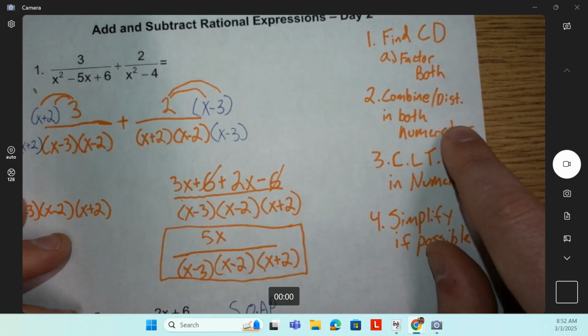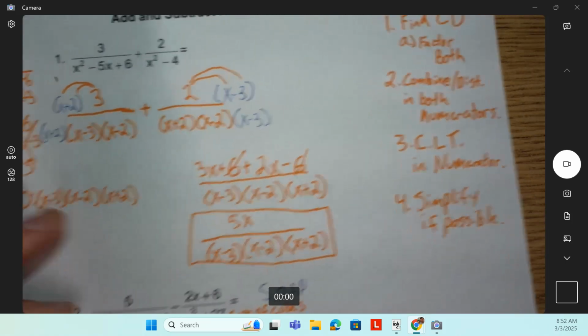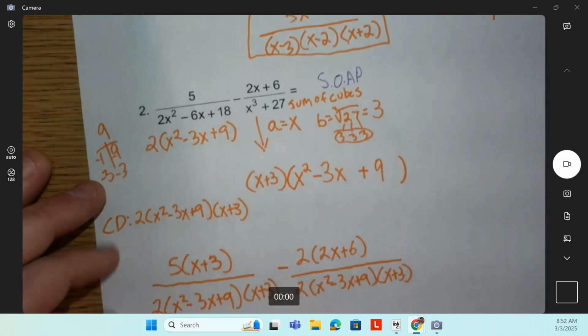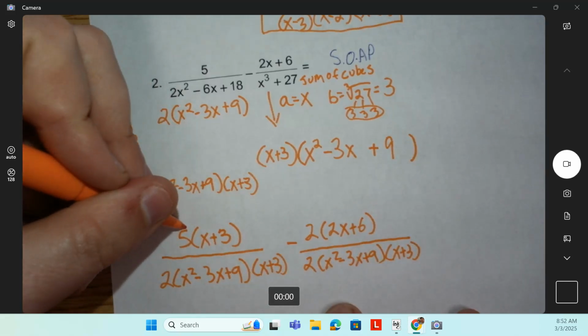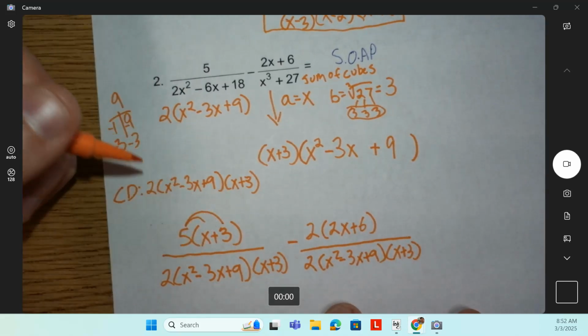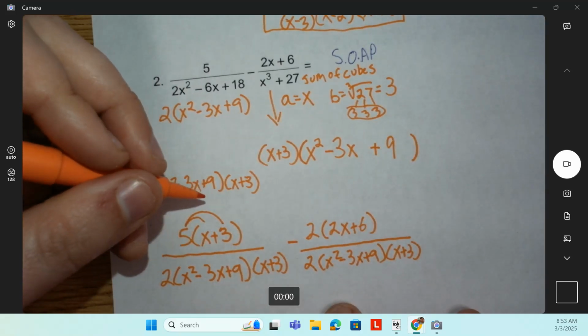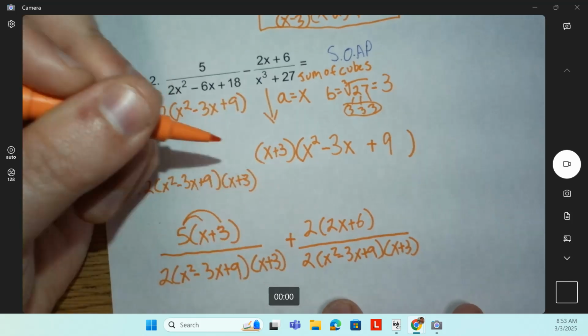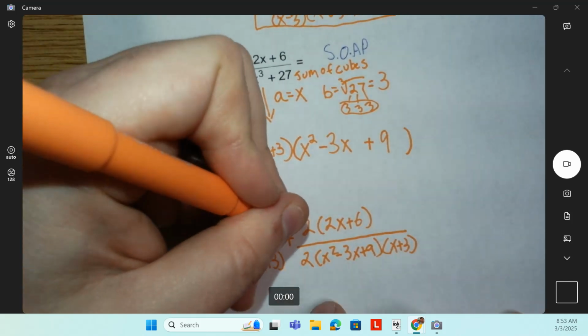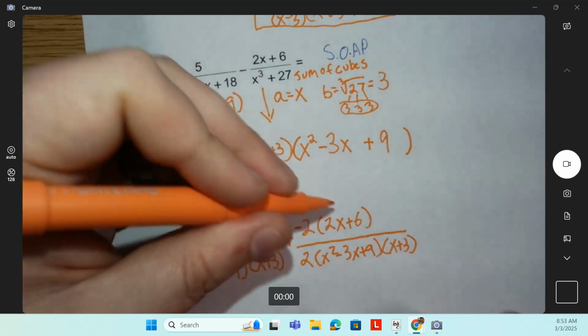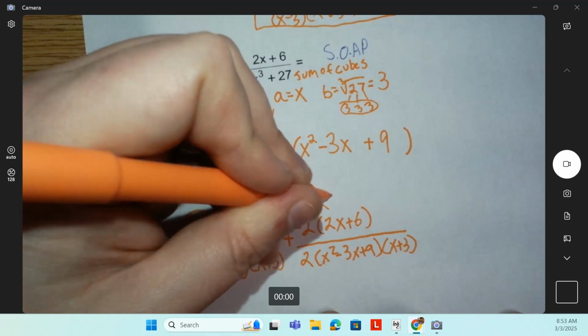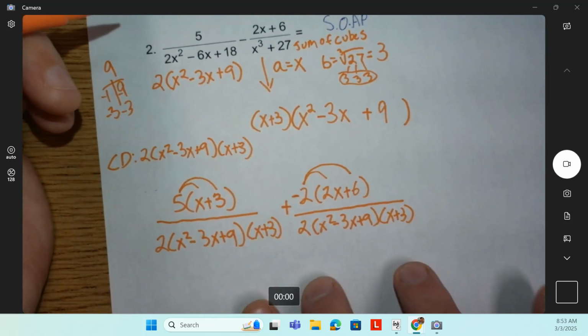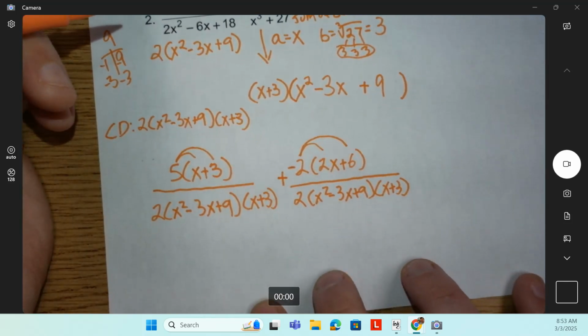Now I'm going to combine and distribute. So for this, that means both these will be multiplied by the 5, and I normally change this to a positive and put the negative distributed here. That way I don't forget it. So distribute a negative 2 for that.